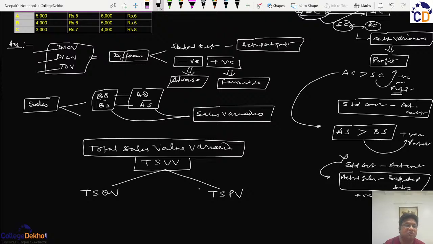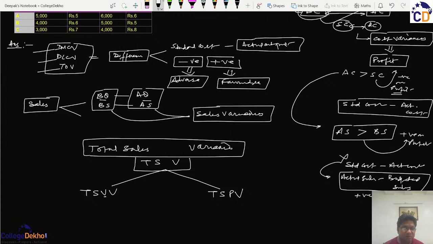Normally quantity is shown as volume, so we show the figure not as quantity variance but as volume variance. Because there can be confusion between the V in value and the V in volume, we normally avoid the word value and only show total sales variance.